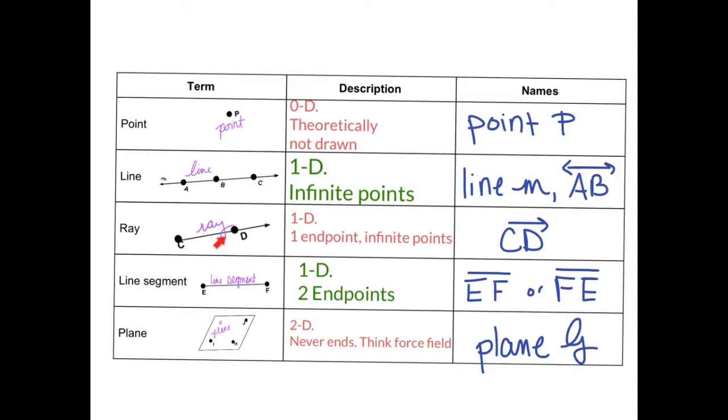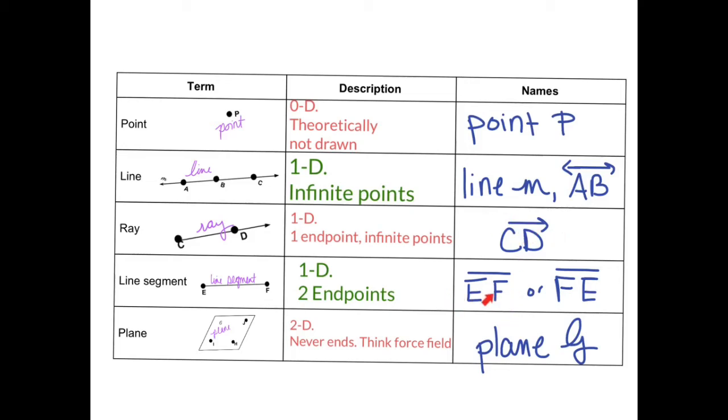Because you'll see with the ray, the first letter has to be the endpoint of the ray. So the endpoint has to match with the endpoint on the ray. So it is C over here, so it needs to be C first. And then it always goes to the right. So this would be ray CD, again with a single arrow.